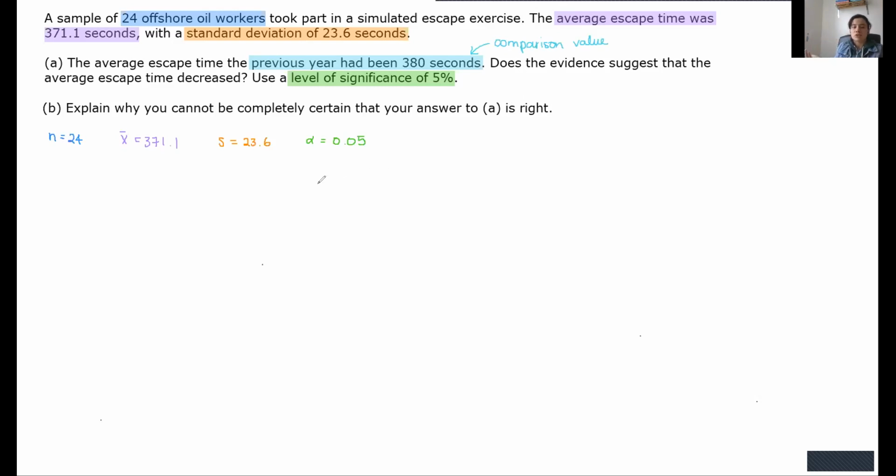Now I need to actually try to translate the question that is being asked into a question that I can answer using hypothesis tests. So let me just write this as A over here. And that is going to be the following. We are trying to determine if the average escape time decreased from the previous year to this year, right? So the average over here is an estimator of a given parameter. That parameter is going to be mu, which is the average or mean escape time this year.